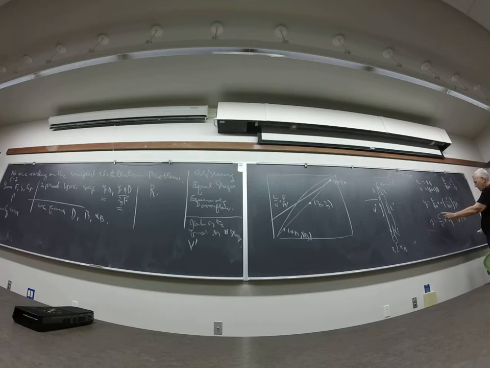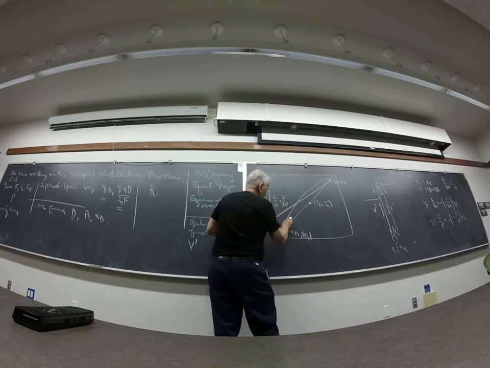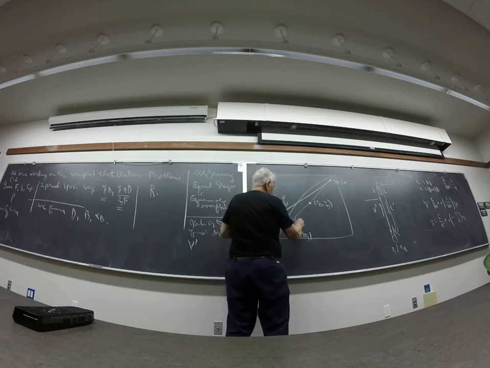When X is equal to XB, this cancels that, and Y is equal to XB. That's good. So it runs through here, but we don't quite know how to put it in yet because we haven't calculated L prime over V prime.